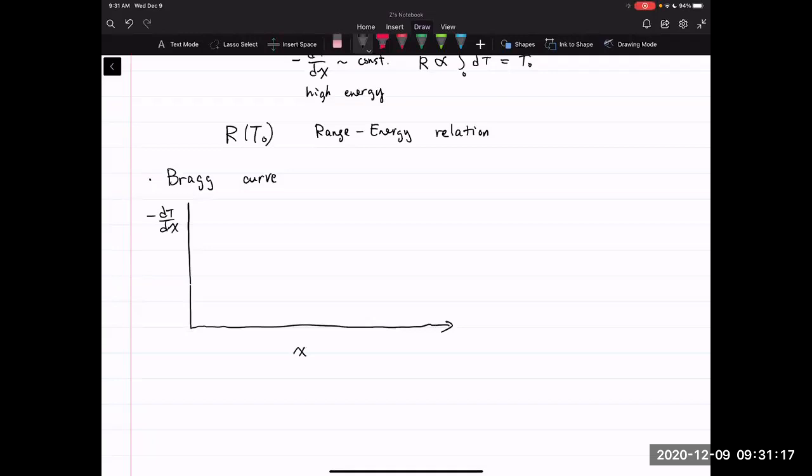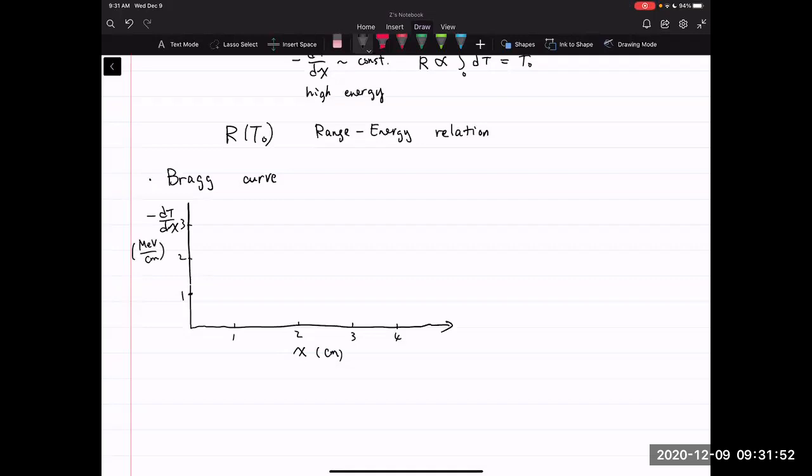Here I'm going to show you one actual experimental result. x is in units of centimeters, 1, 2, 3, 4, and the stopping power is in units of MeV per centimeter, 1, 2, 3.